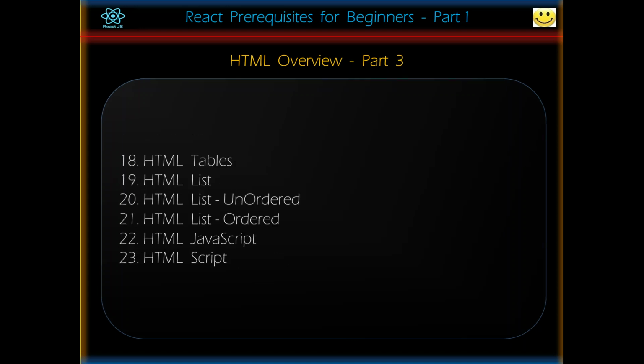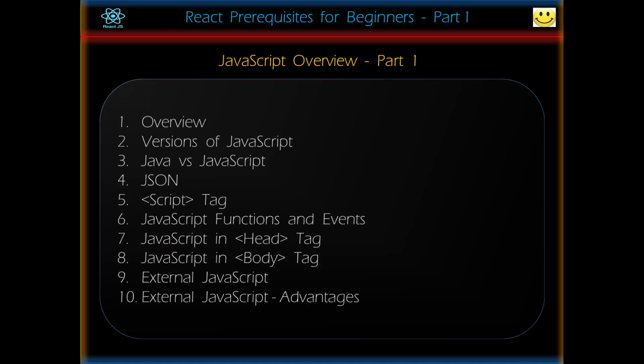In the next lecture, HTML overview, part 3. In this lecture, we will learn about HTML tables, HTML list, HTML list unordered, HTML list ordered, HTML JavaScript, HTML script. In the next lecture, JavaScript overview, part 1.